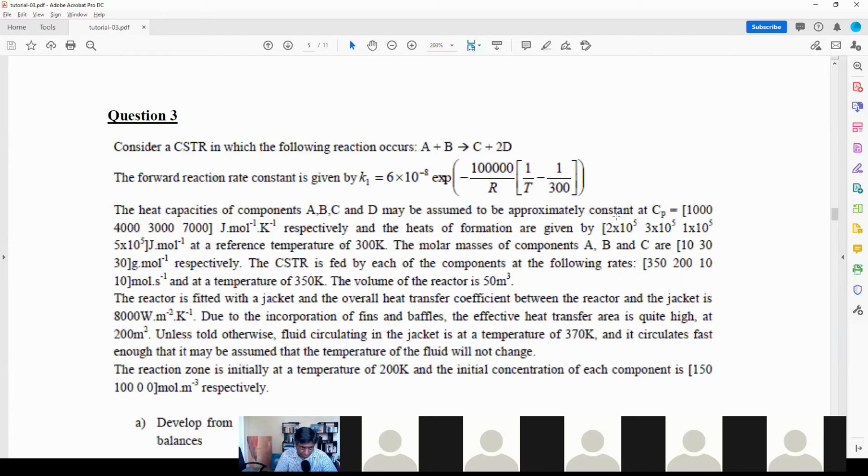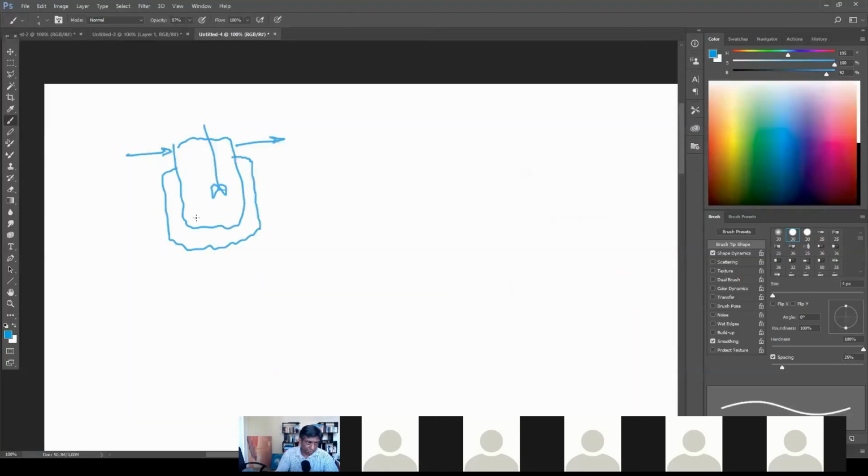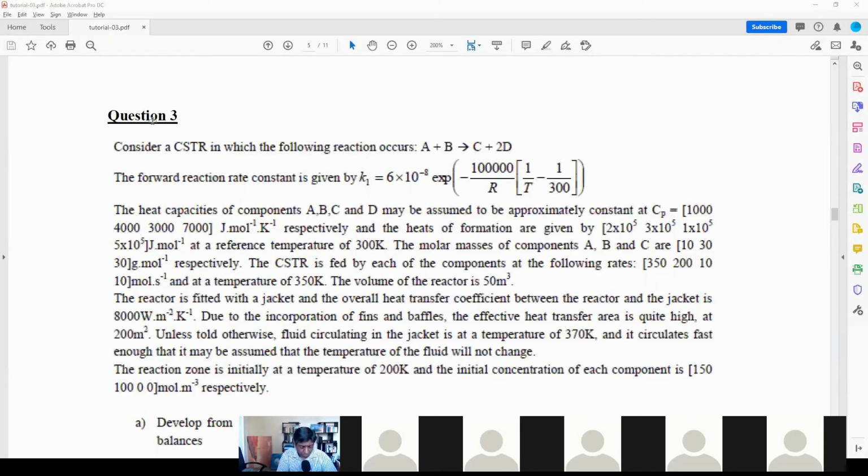Those are molar masses. So it's fed 350 moles per second of A. So FA in is 350 moles per second.